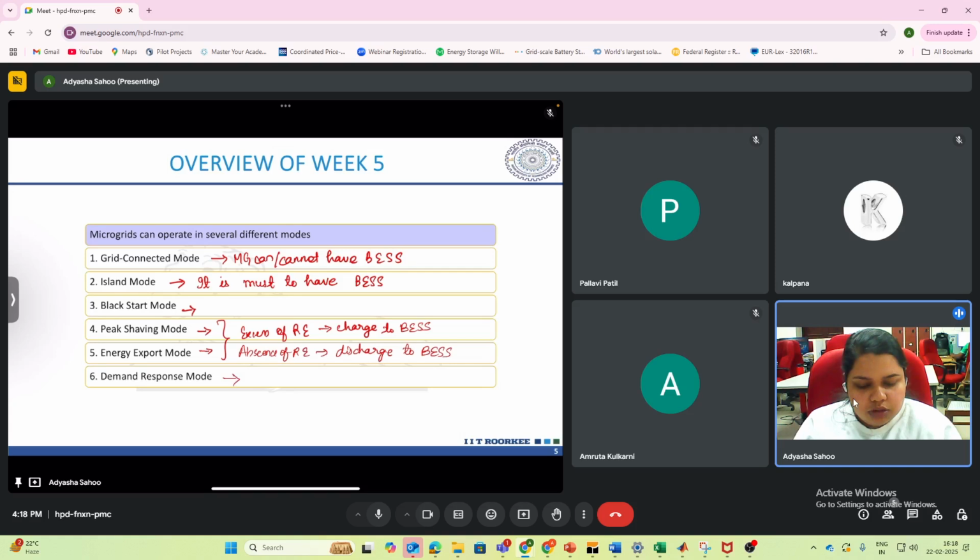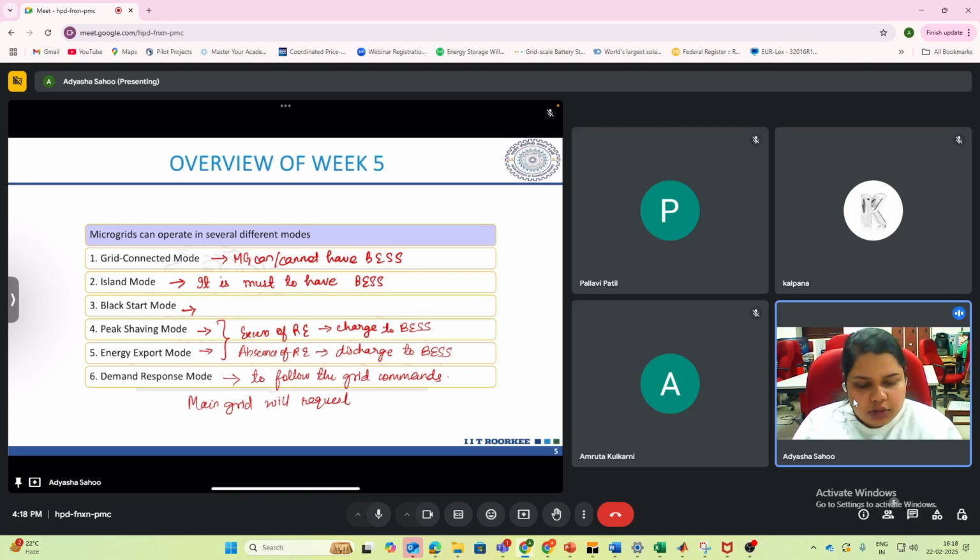Then demand response mode is basically to follow the grid commands. So basically, the main grid will request, as we have seen in the earlier lectures, flexibility up and flexibility down services.